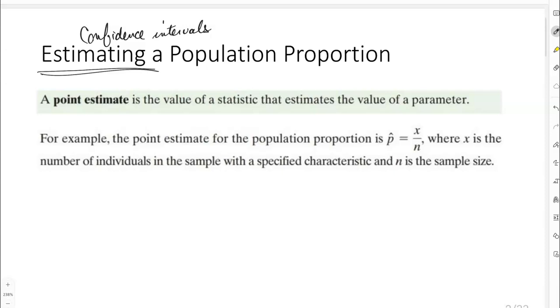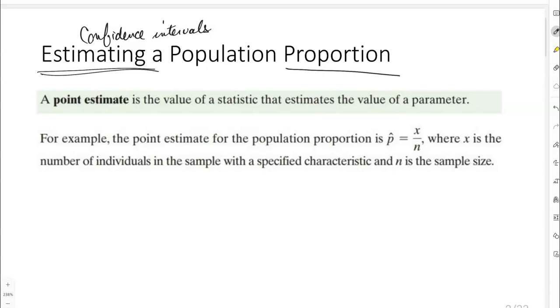If you remember, a few videos ago, we talked about good point estimates, what were good unbiased estimators of population parameters. And one of those was the proportion. We said that the sample proportion tends to target the population proportion.